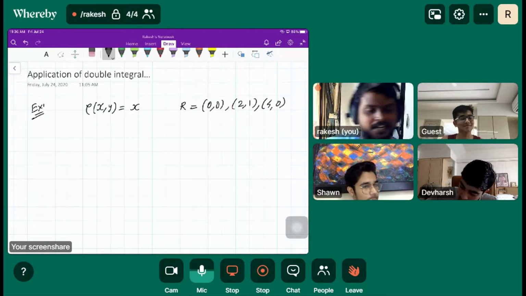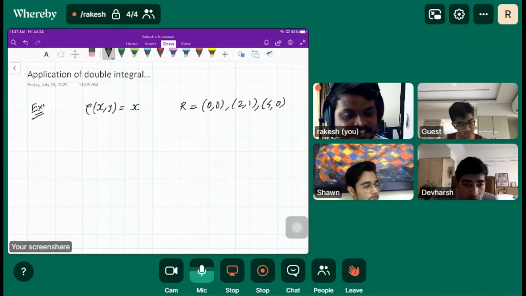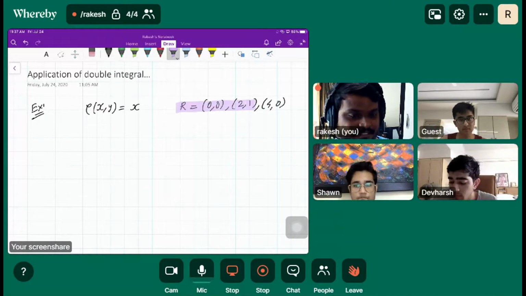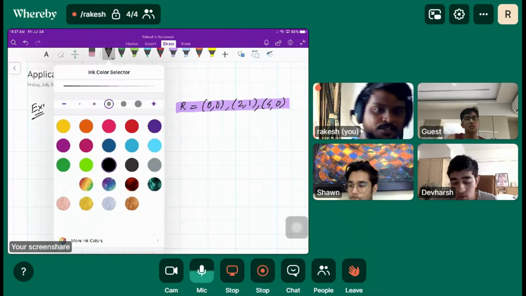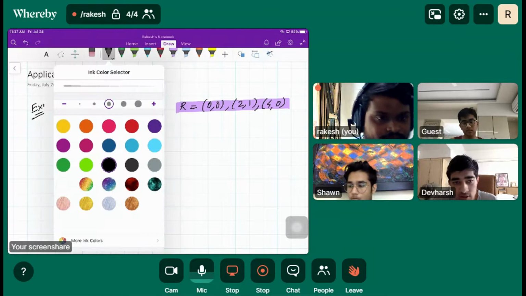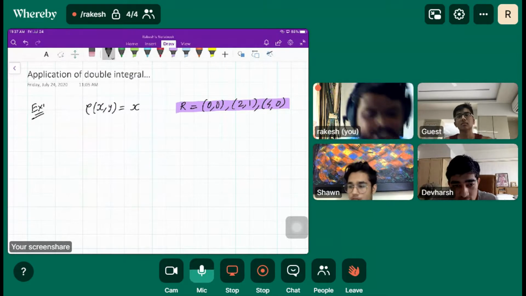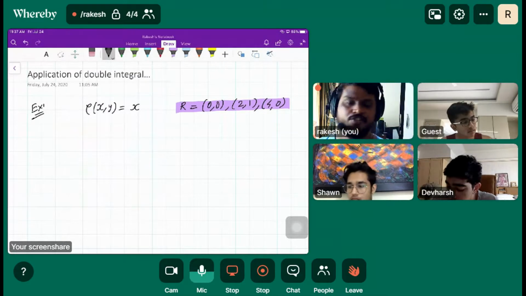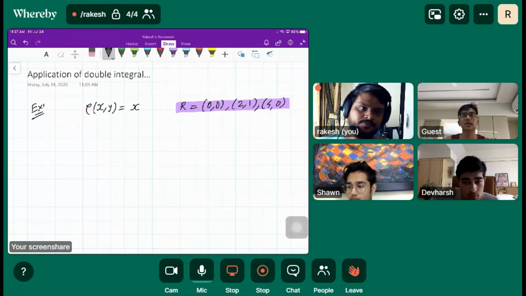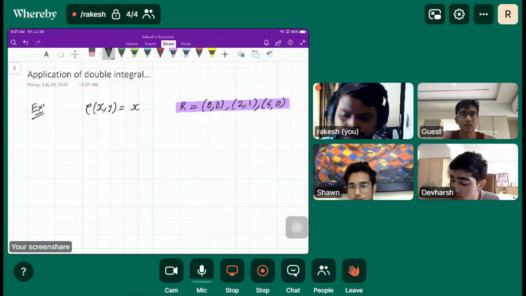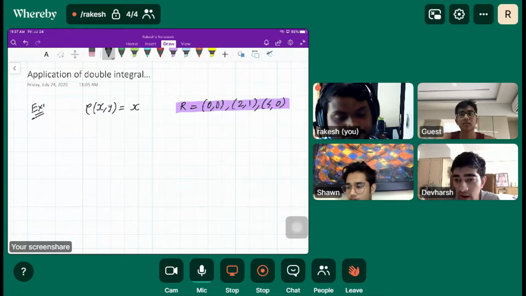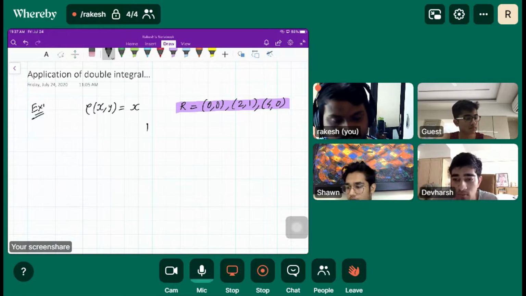So this is our region. Dev, do you want to say anything? Can we start solving it? Yes. First we'll draw the region. It's a triangle, so y is from 0 to 1 and x is from 0 to 4, basically.